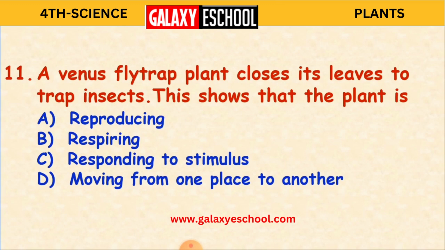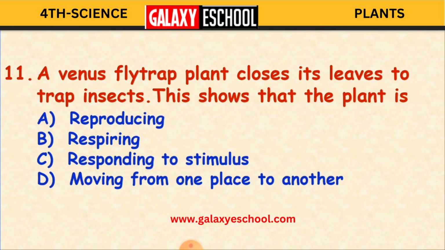A Venus flytrap plant closes its leaves to trap insects. This shows that the plant is reproducing, respiring, responding to stimulus, or moving from one place to another. So children, what will be the correct answer here? Here there is an action happening.